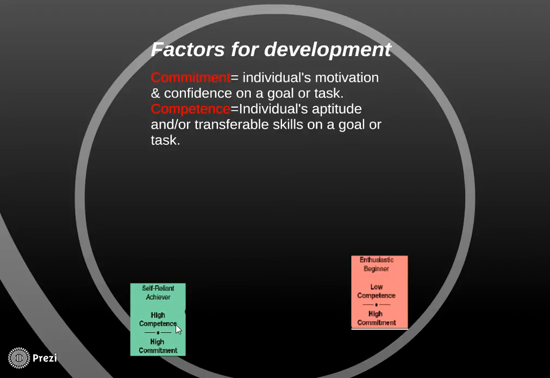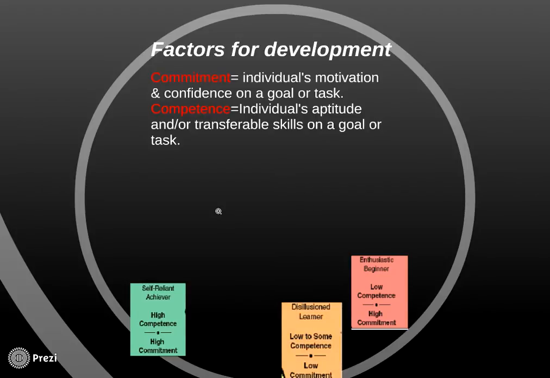Another stage is marked by low competence and high commitment. So not a lot of skills, not a lot of knowledge. However, they're very excited by this new task or goal. Another stage is marked by low to some competence and low commitment. This is the disillusioned learner.